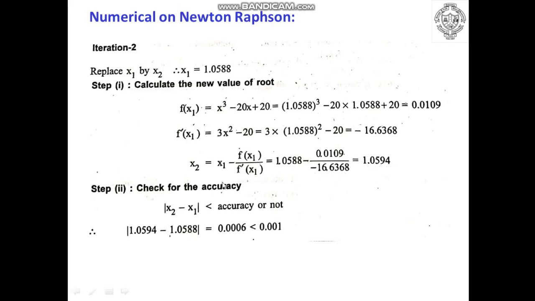Now we have to check the accuracy again. So value of x2 is 1.0594 and x1 is 1.0588. I will put it in the condition. I'll consider absolute value of 1.0594 minus 1.0588, which is 0.0006, which is less than 0.001.